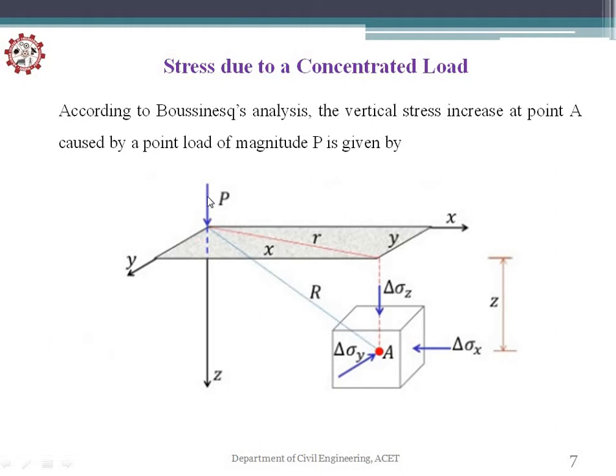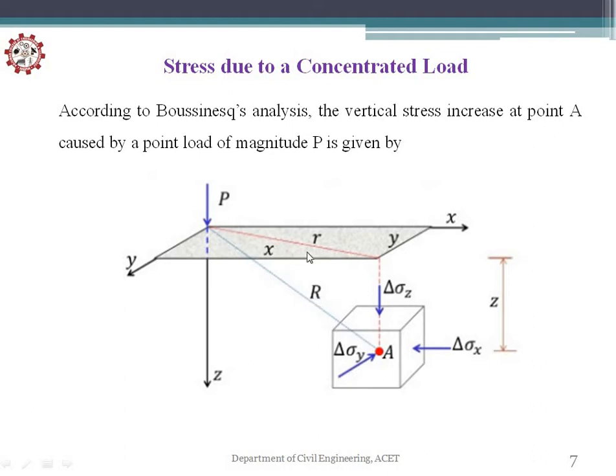This is your point load P acting in the vertical direction z. If you take a small element here, at the center, point A of the elementary area, from the point of application of the point load P to the center of point A is your radial distance r.